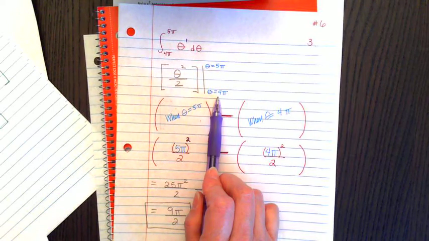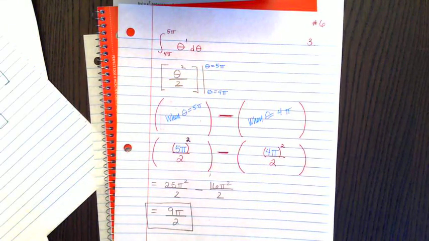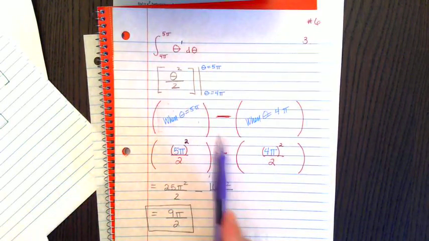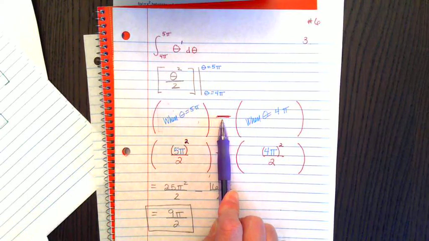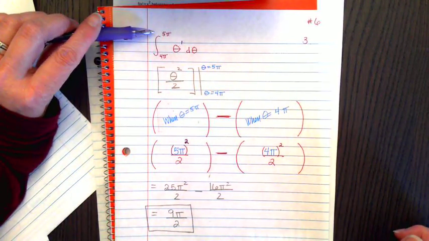And the process for doing this is to subtract what we get from letting theta equal 5 pi minus what we get when we let theta equal 4 pi.